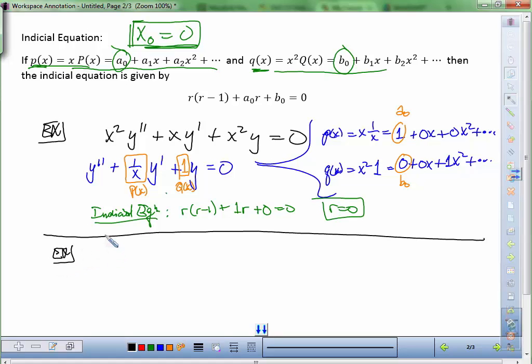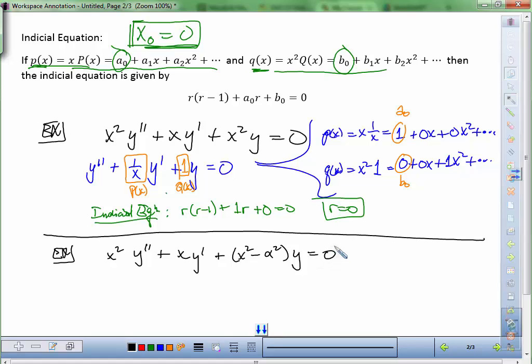So I'm going to do another example. I don't know if I want to stick with this particular theme. This particular differential equation has a special name that we'll give it later on. Let's stick with this special differential equation: x squared y double prime plus x times y prime plus x squared minus alpha squared y is equal to 0.